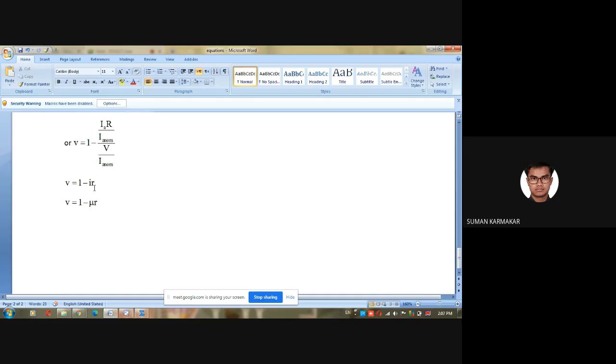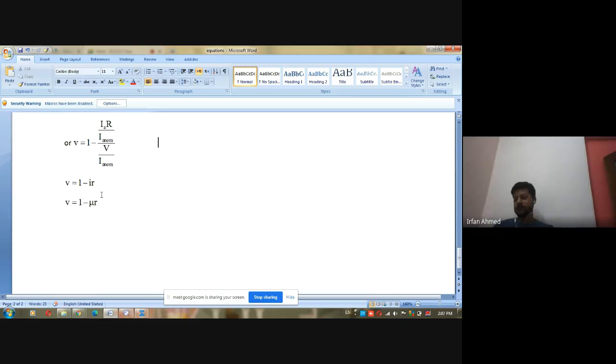R. Per unit resistance. So at rated torque, the relative drop in speed is equal to the relative resistance of the motor armature circuit. At the rated motor torque, the per unit drop in speed is equal to the per unit resistance of the motor armature circuit for a DC shunt motor.